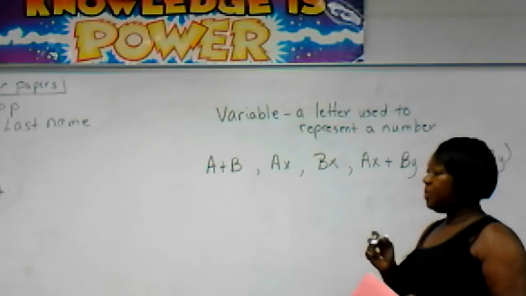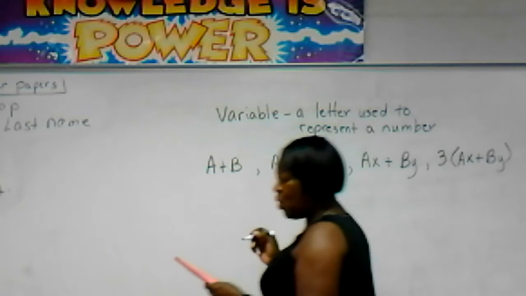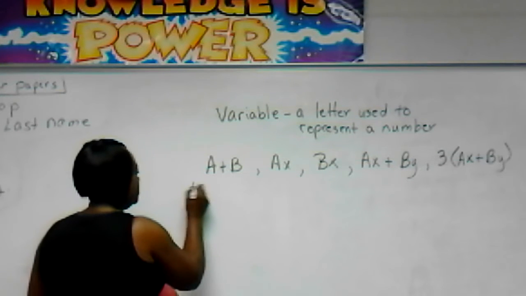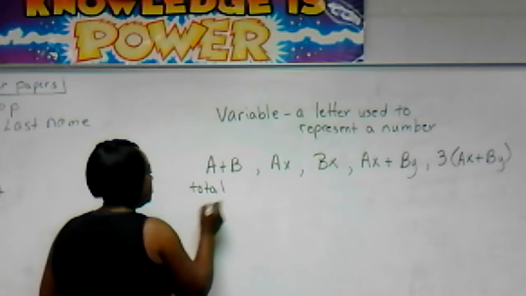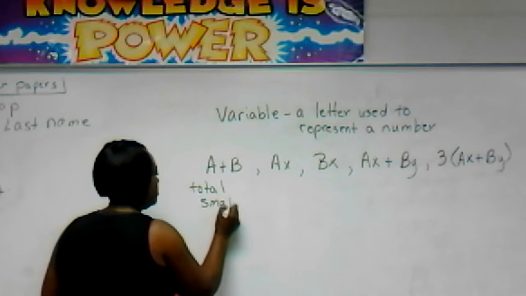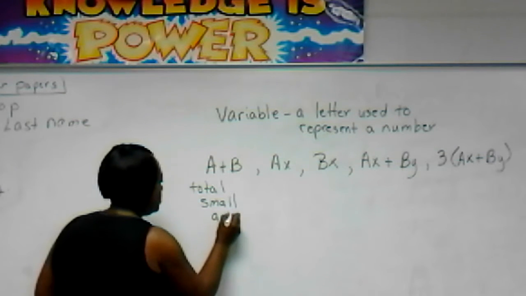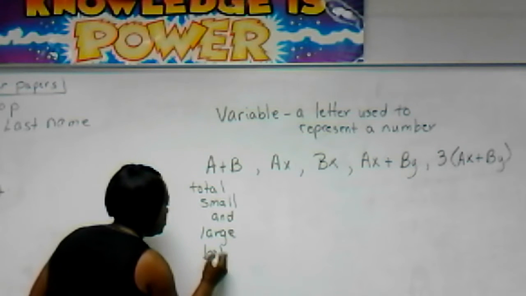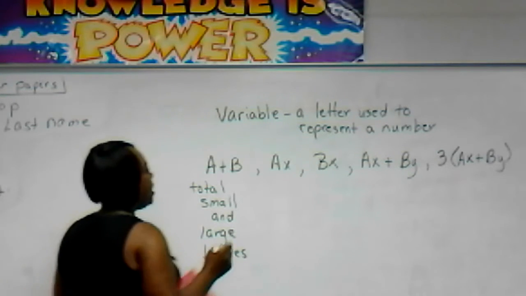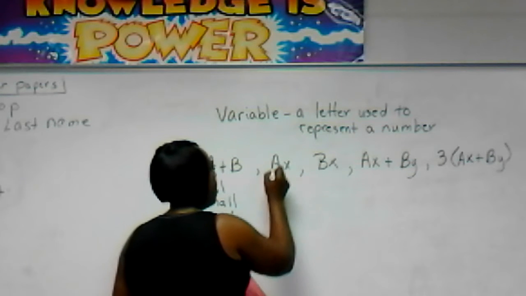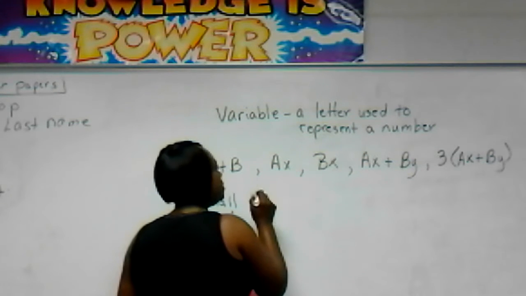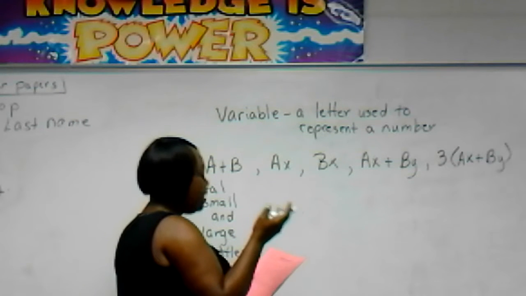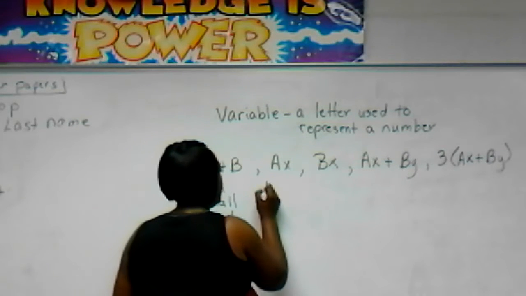So A plus B is the total number of small and large bottles. AX represents the ounces in A small bottles.